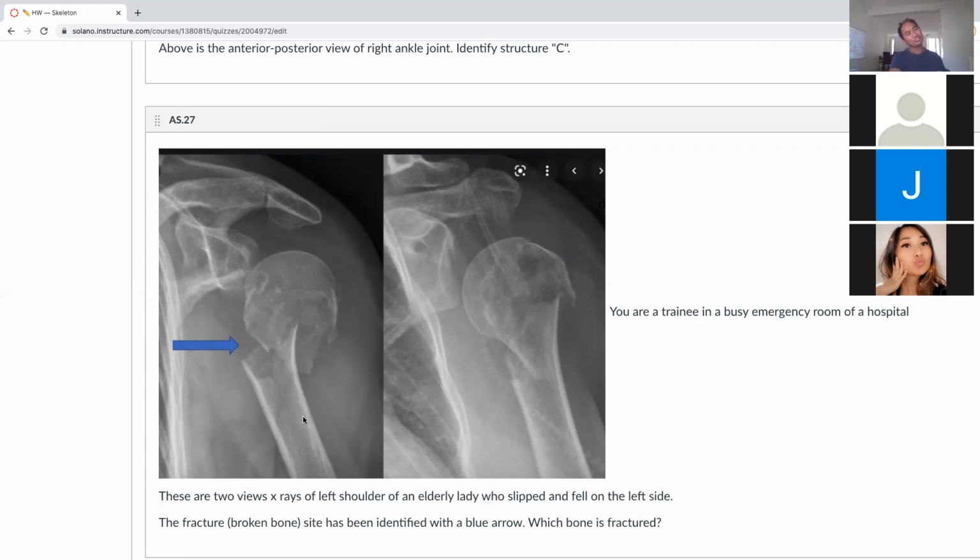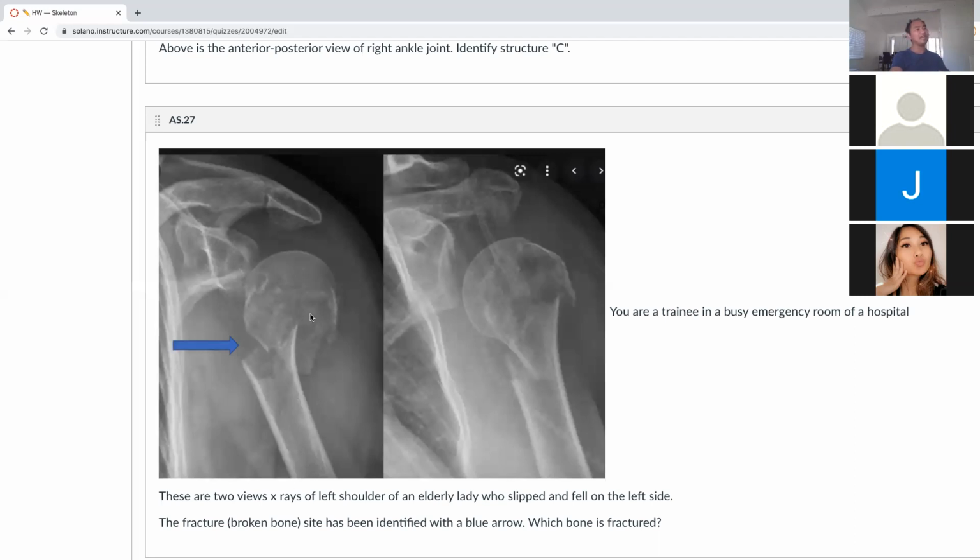And the catch was which part of the bone. We know that epiphysis, metaphysis, and diaphysis. This is the metaphysis or proximal humerus. It is not in the epiphysis, the joint articular surface. It is not in the shaft of the long bone, the diaphysis.